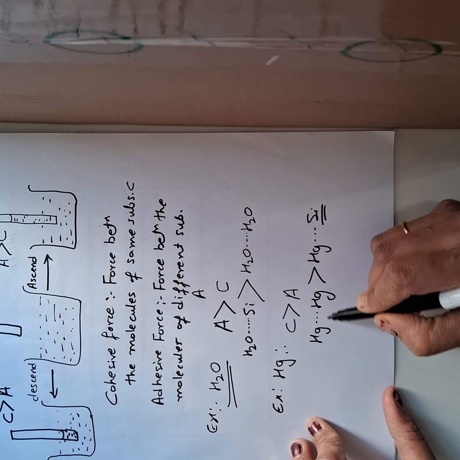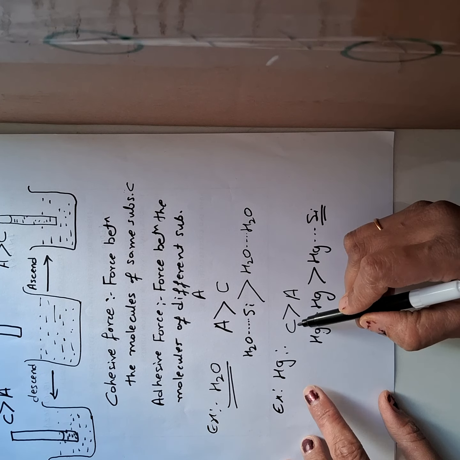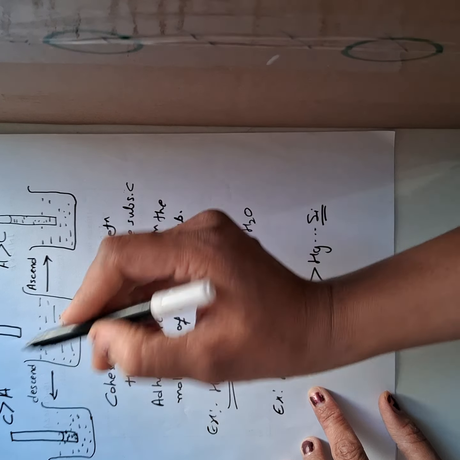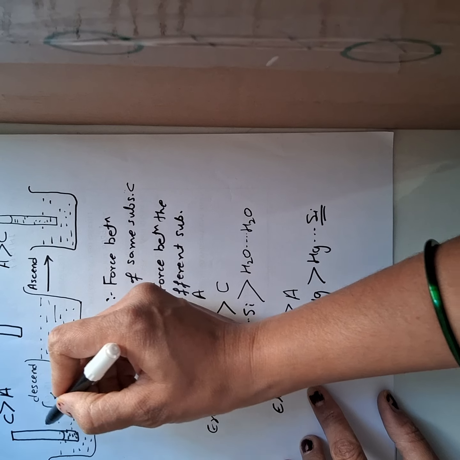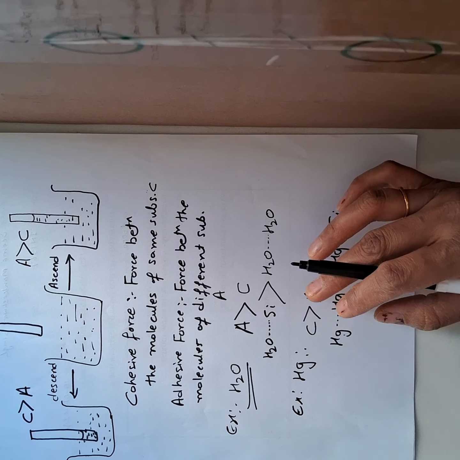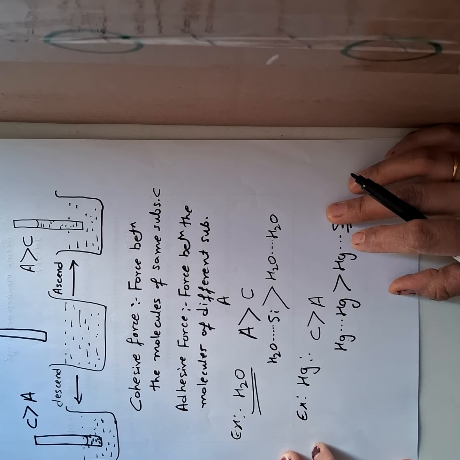So this force of attraction Hg-Hg is stronger than Hg-Si. In that case, the cohesive force C is stronger than the adhesive force, and the mercury will descend in the capillary. So this is how capillary action takes place due to the two kinds of forces, cohesive force and adhesive force.